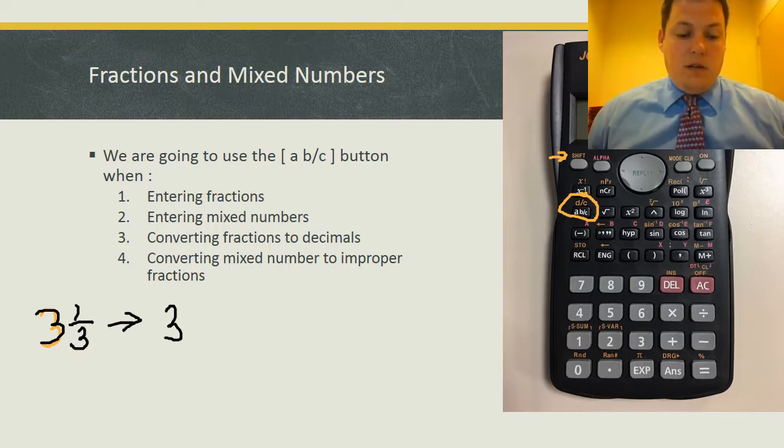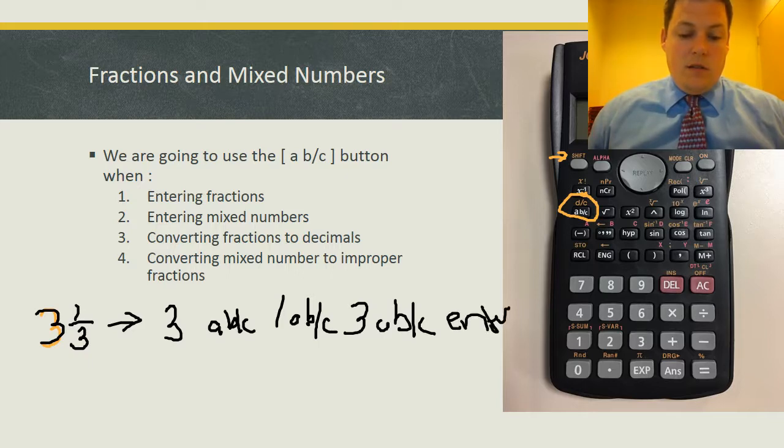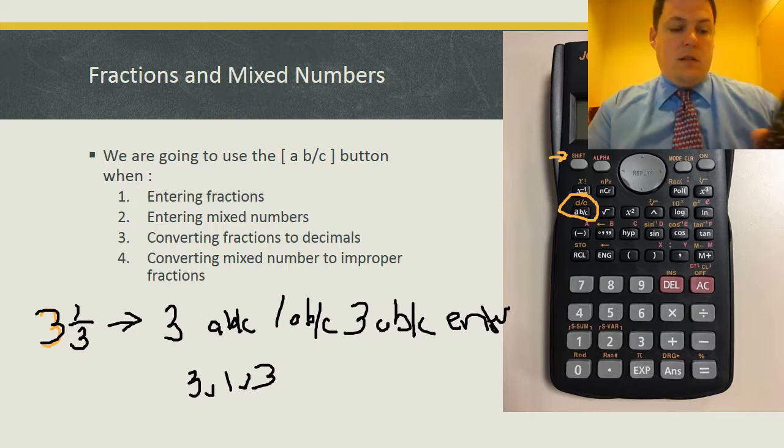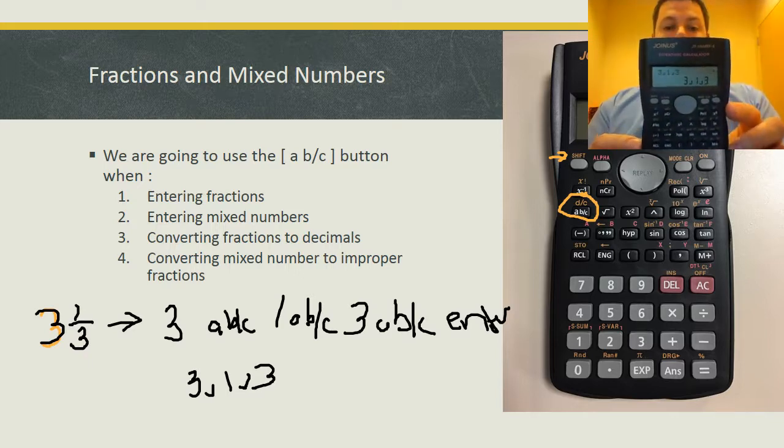We would type that in 3 ABC, 1 ABC, 3, ABC, enter. You'll see that we have our 3 1/3. So let me show you again. 3 ABC, 1 ABC, 3, enter. That's what it looks like on the calculator.